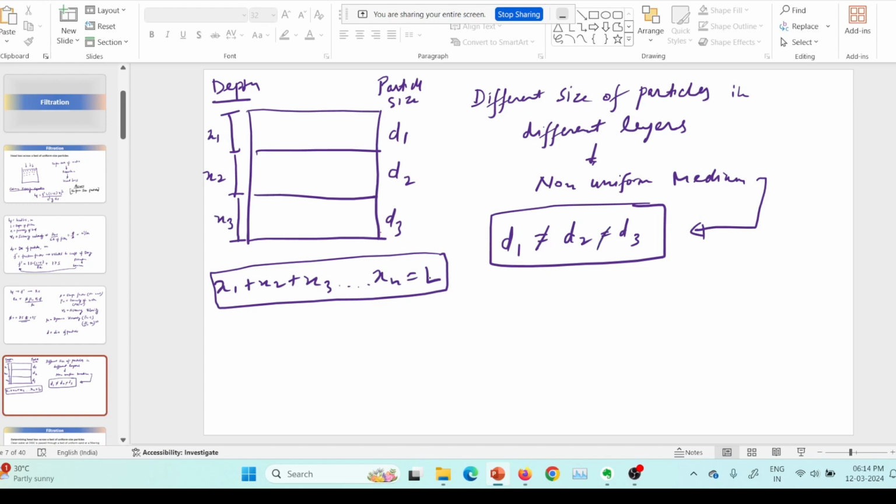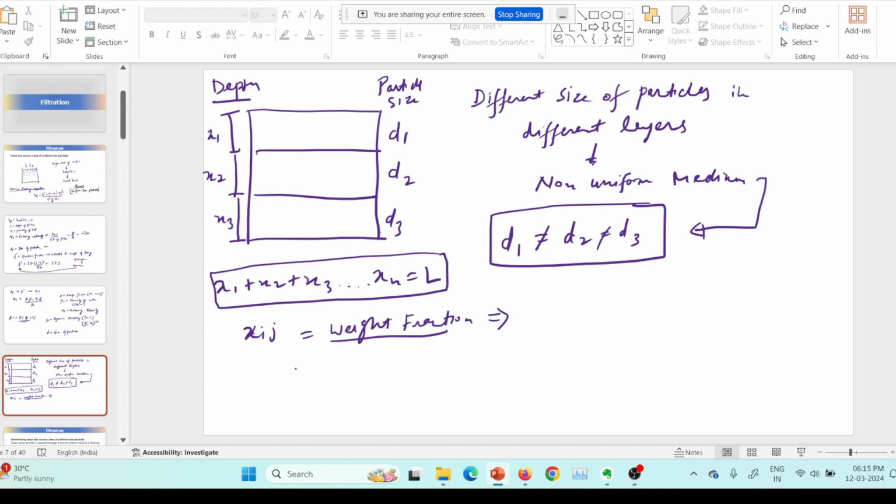So what will happen in this case? We introduce a term called Xij. What is this Xij? Xij is nothing but the weight fraction. How much is the weight of this in the total fraction?